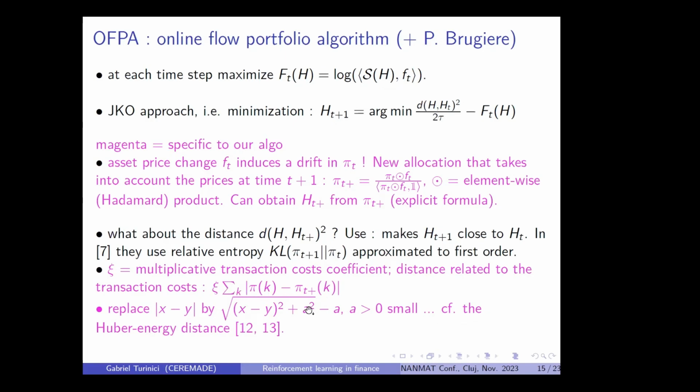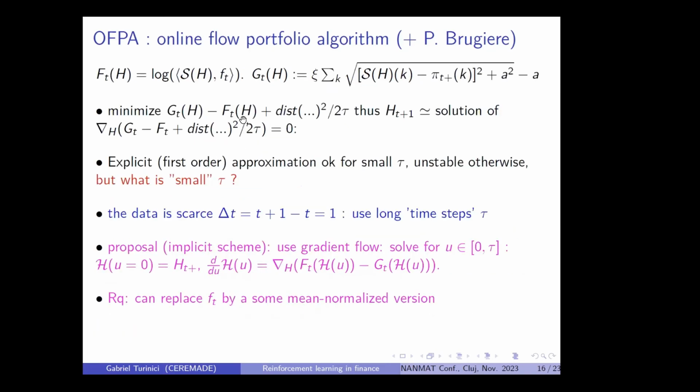Okay, so let's summarize. We have at each time step t some factors given by the market. We have no control over them, and we have to maximize f and minimize transaction costs.